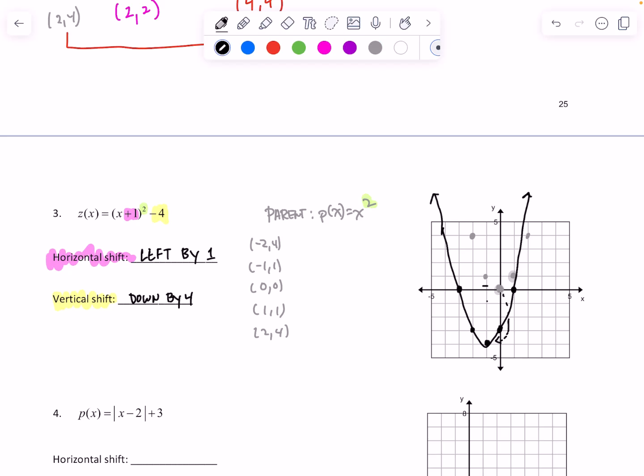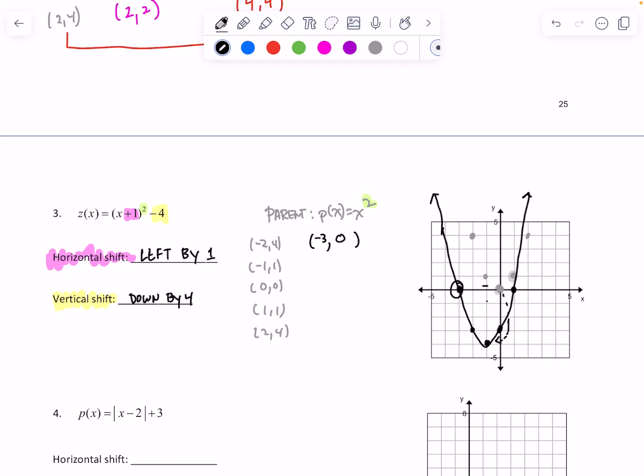And then our corresponding points, we're going left by 1, so we are subtracting 1 from x, so that's going to take us to negative 3. And then down by 4, we're subtracting 4 from y, so we get to negative 3, 0. And that is this point right here. I had a hard time finding it, but there it is, negative 3, 0.